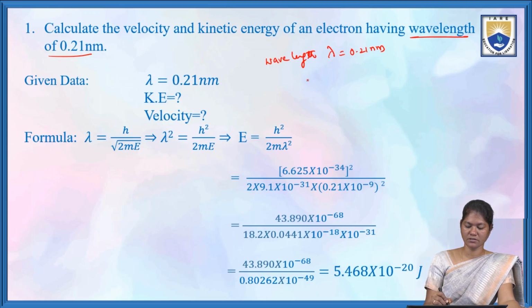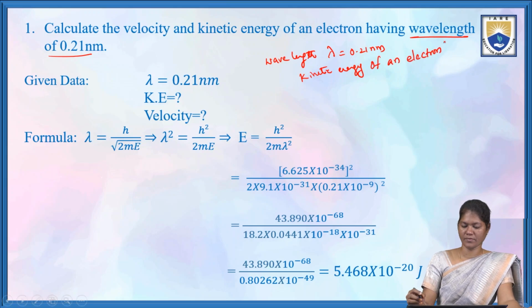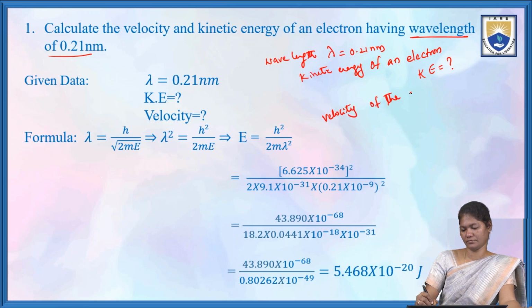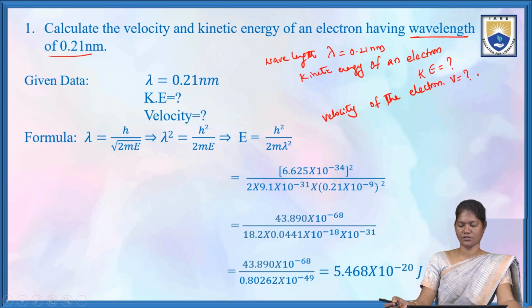We have to calculate the kinetic energy of the electron, so KE is equal to how much? And calculate the velocity of the electron, so V is equal to, we need to calculate.